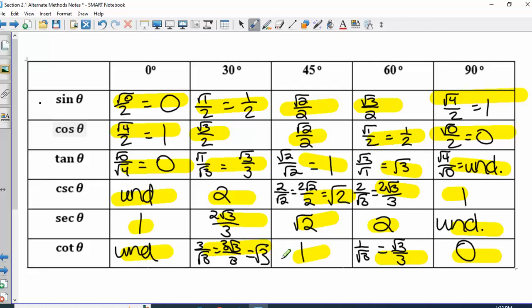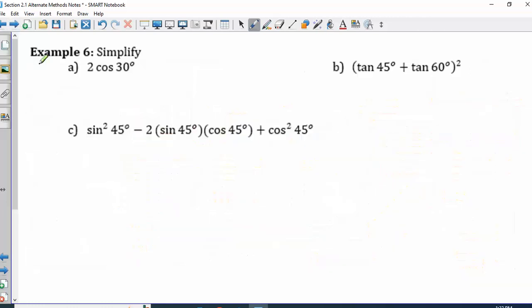All right, let's go to the handout we had yesterday. I think we have a couple examples left on it. So we just did a table. So I want to simplify 2 cosine of 30 degrees.